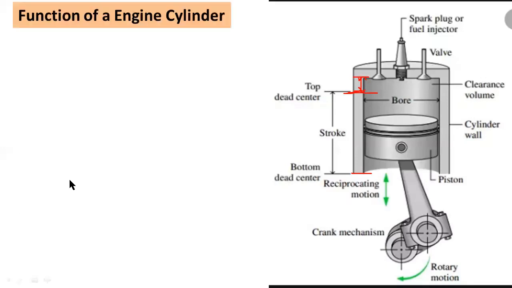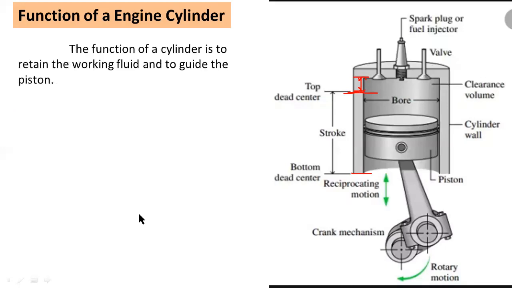Here I am going to explain the function of an engine cylinder. What is the function of a cylinder in IC engines? The function of a cylinder is to retain the working fluid and to guide the piston.